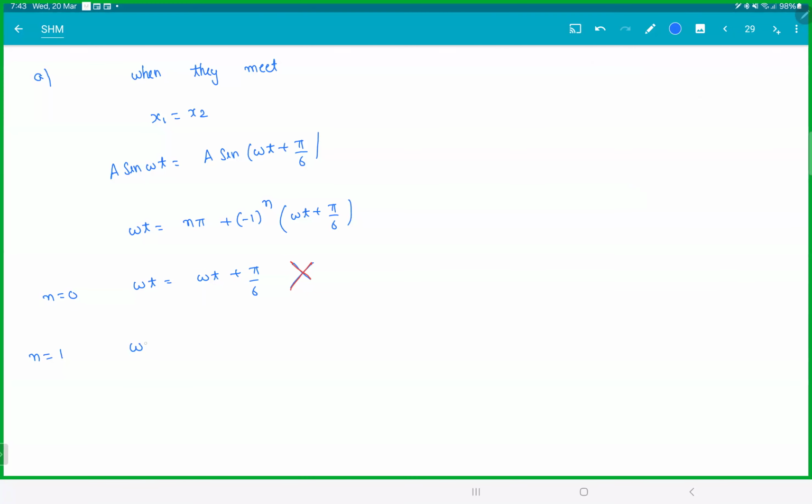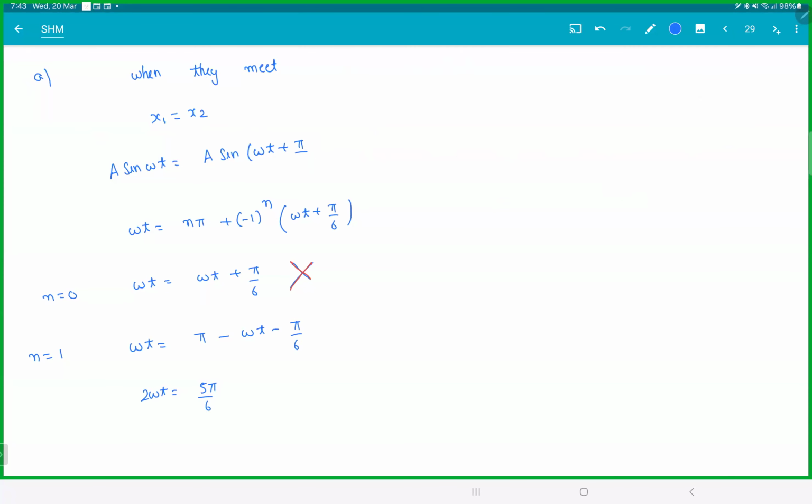Put n is equal to 1, omega t is pi minus omega t minus pi/6. We get 2 omega t is 5 pi/6. Did I get pi/3 or pi?